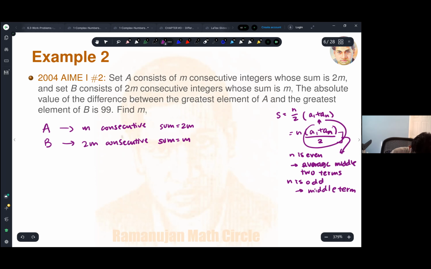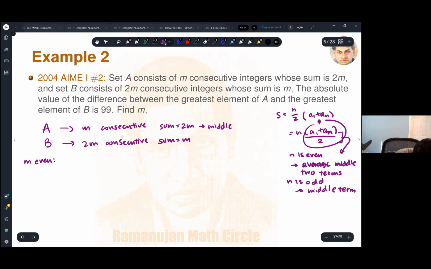So now what we have from this relation is that the middle term, so this is m consecutive integers. Let's assume that m is even.